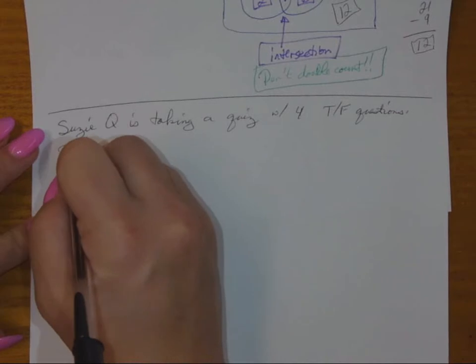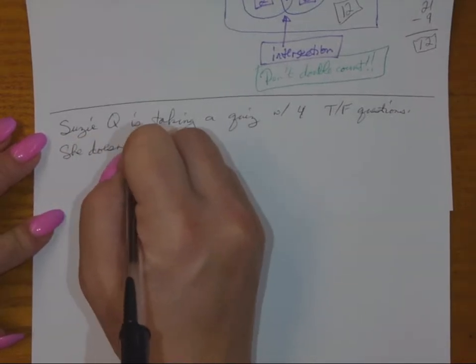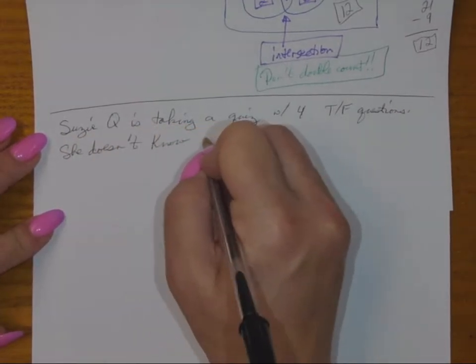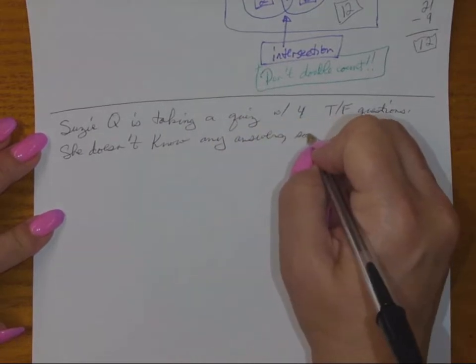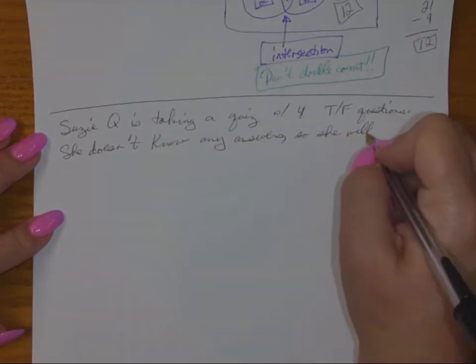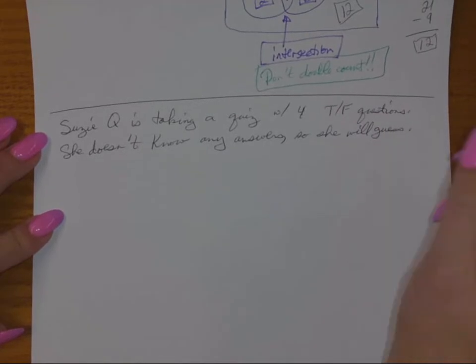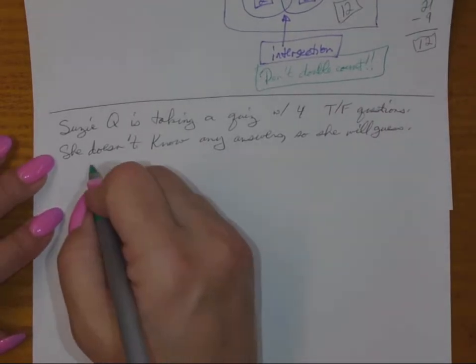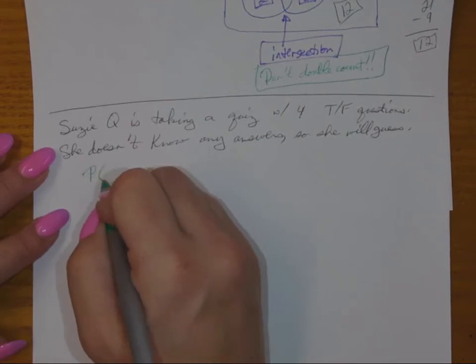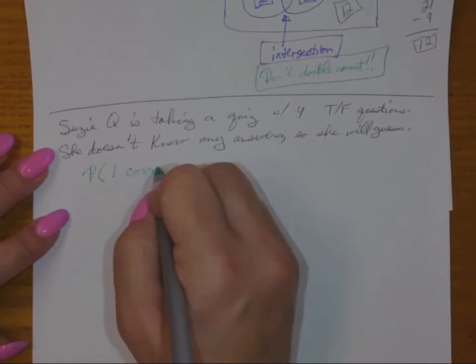She doesn't know any of the answers, so she will guess. Find the probability that she will get 1 correct.